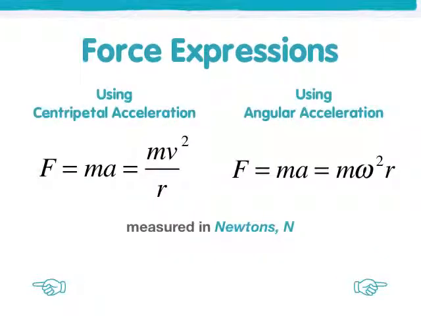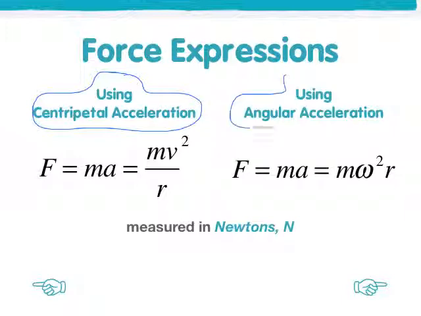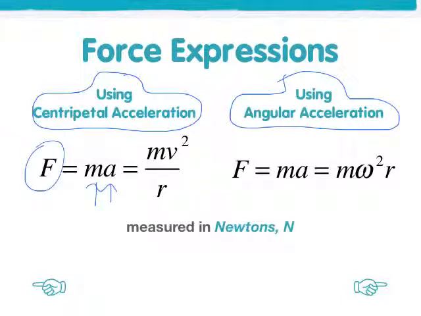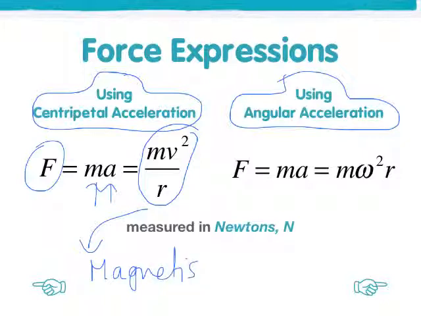We now have two more formulas. We have centripetal acceleration, that would give us our force, and we can also use angular acceleration. So force equals mass times acceleration, mv squared over r, and this is the one you came across in magnetism, dealing with the path of a particle in a magnetic field.